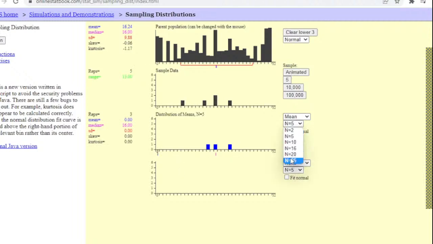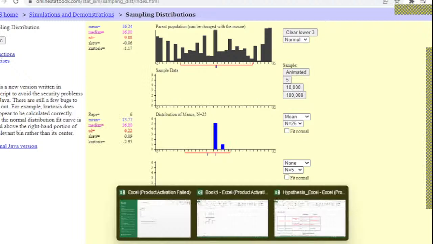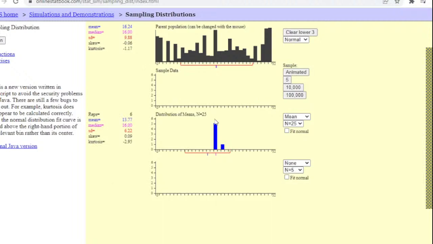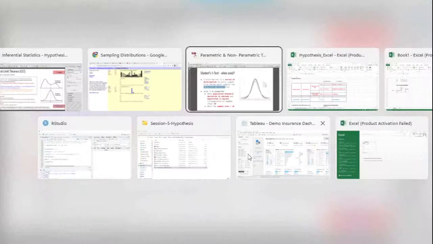Now let's take n is equal to 25. Can you see? The variability is so much less.